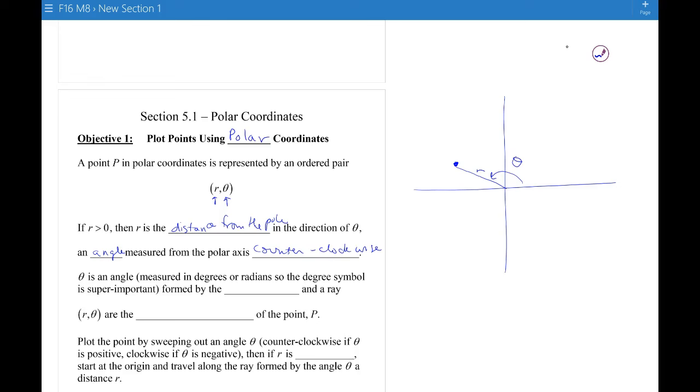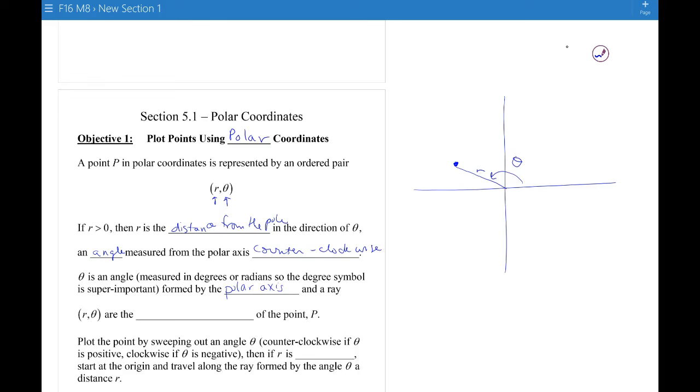So θ is an angle measured in degrees or radians, so the degree symbol again is super important, formed by the polar axis and a ray.